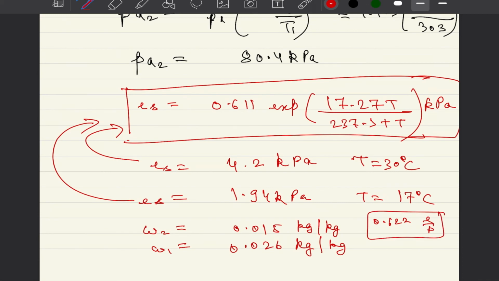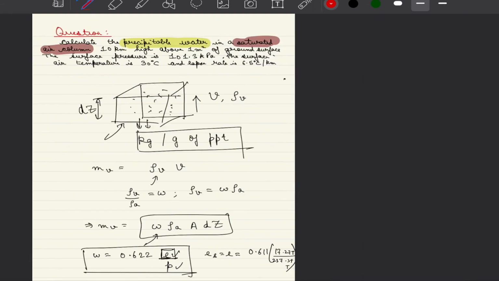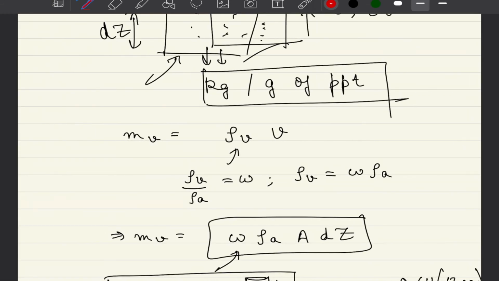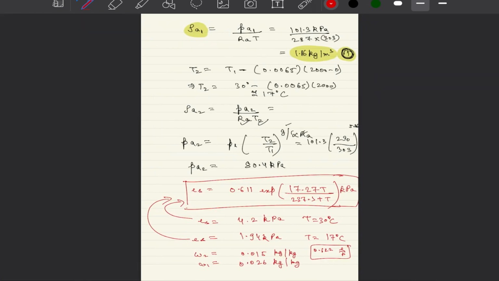Now we have calculated everything, and we will go back to the initial formula that we wrote. We are interested to calculate MV, which can be calculated as W times rho A times V. For this, we already know the volume would be area of base into height, which is given as 1 meter square into 2000 meter.